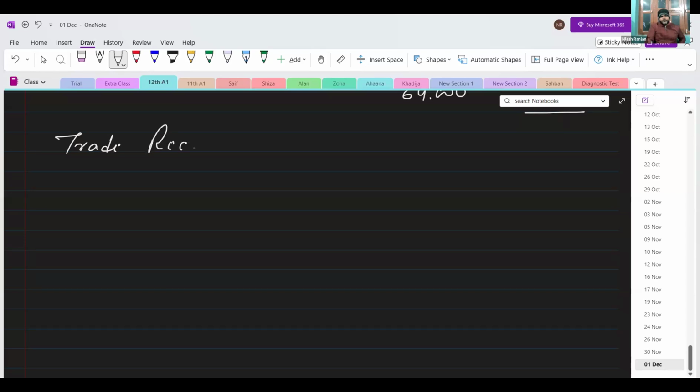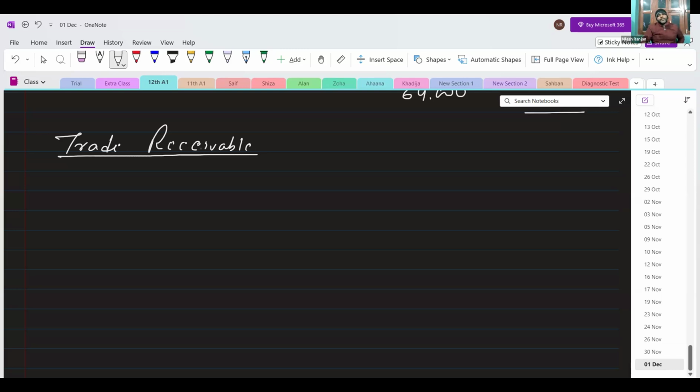Turnover, I have already explained in inventory also, means different for different formulas, but generally we take net sales as turnover. In this formula, for trade receivable, it will be net credit sales. So we will take that.